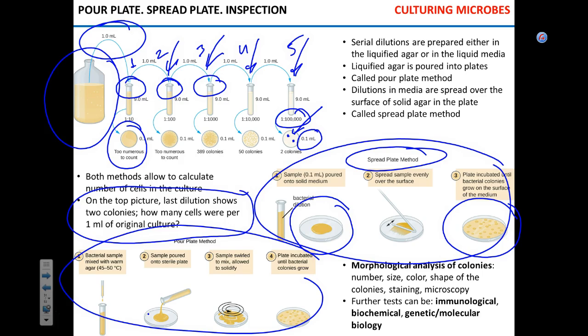What was the volume that we put on the plate? The volume that we put on was 0.1. So it's 2 cells in 1/10 of a milliliter. Does that make sense? How many cells in 1 milliliter?